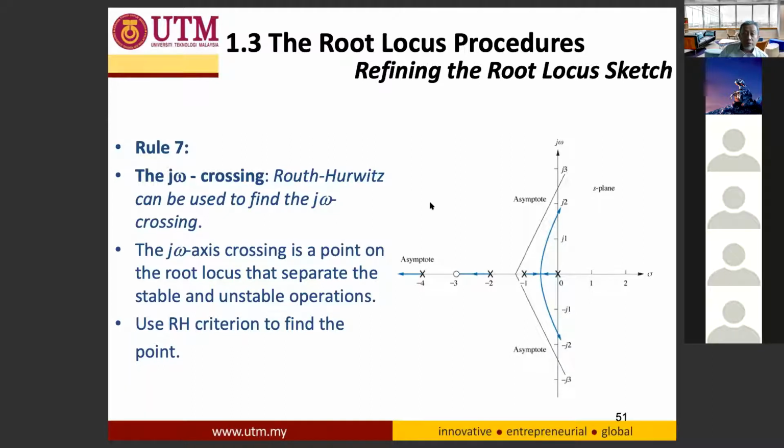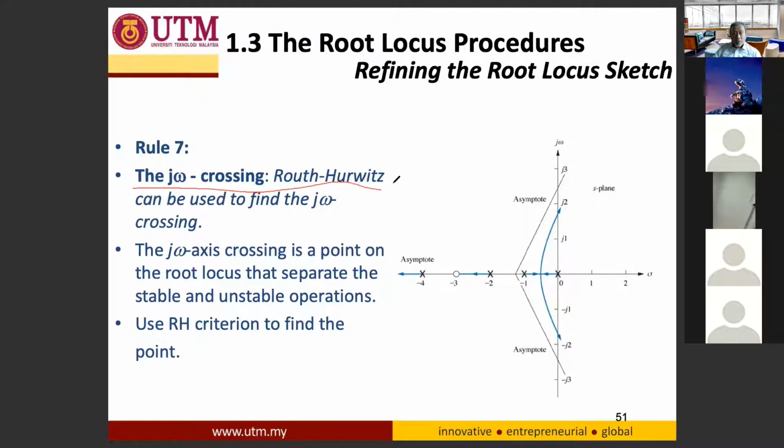Bismillahirrahmanirrahim. Good morning. So we continue our lecture today, remaining 1 hour, by looking at the root locus theory, rule number 7. The theory is the imaginary axis crossing.